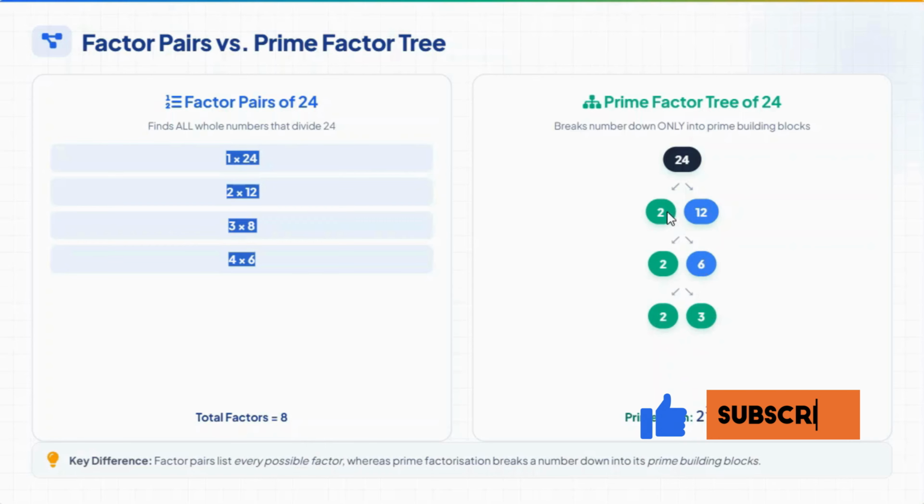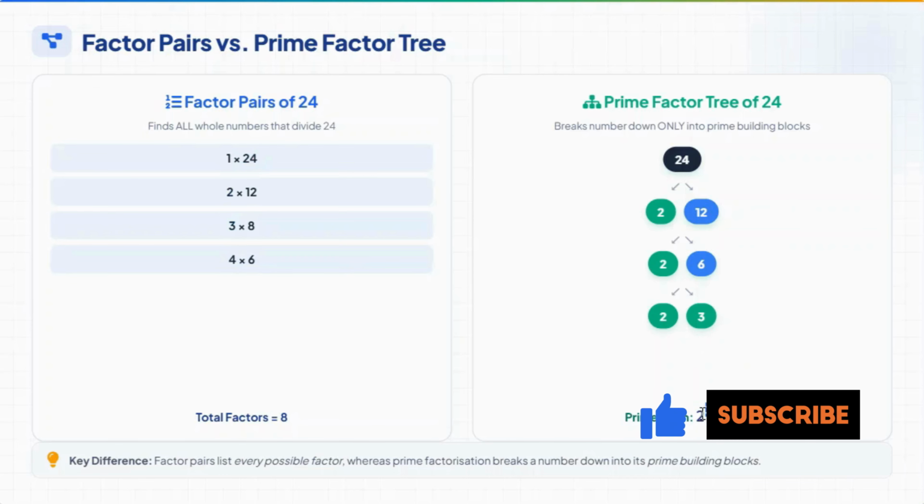So we get 2 times 2 times 2, which is 2 cubed, and at last 3. 2 to the power 3 times 3 is the prime form of 24. Here 2 to the power 3 is 8, and 8 times 3 is 24. So we write the prime factorization as 2 to the power 3 times 3. Factor pairs list every possible factor, whereas prime factorization breaks a number down into prime building blocks.